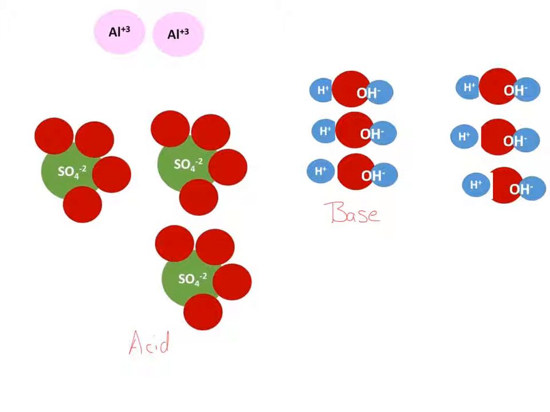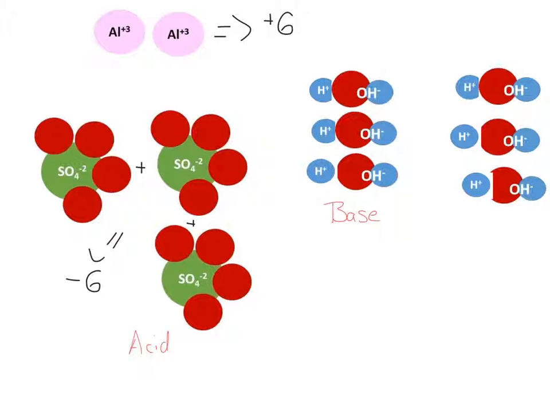So we have positive 3 here, positive 3 here. That leads for a total of positive 6. Okay, we're going to do the exact same thing for the sulfate ions over here. So we have -2 plus -2 plus -2, which gives us -6. Oh, wouldn't you know?